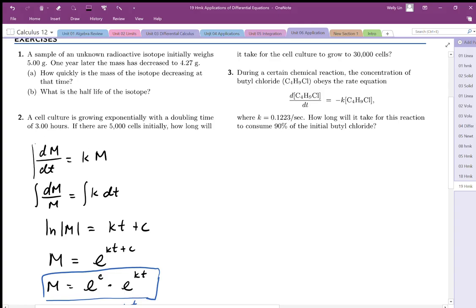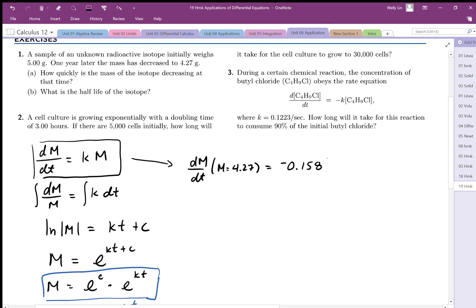So we're going to look at this differential equation, and we're going to say that the change in the mass over the change in the time, when the mass is equal to 4.27, is going to be equal to the k value, which we calculated to be negative 0.158, times the mass, which is 4.27, and the rate of change works out to be negative 0.67 grams per year.